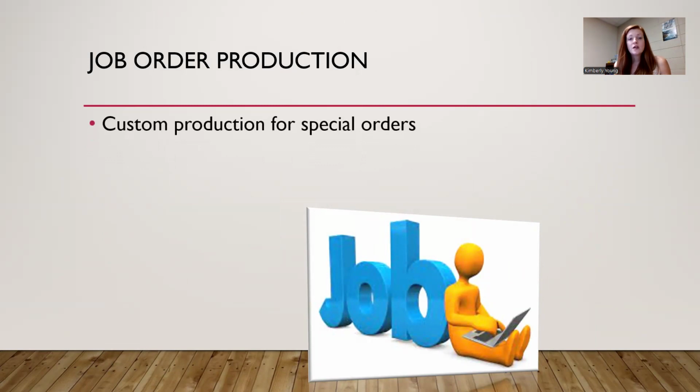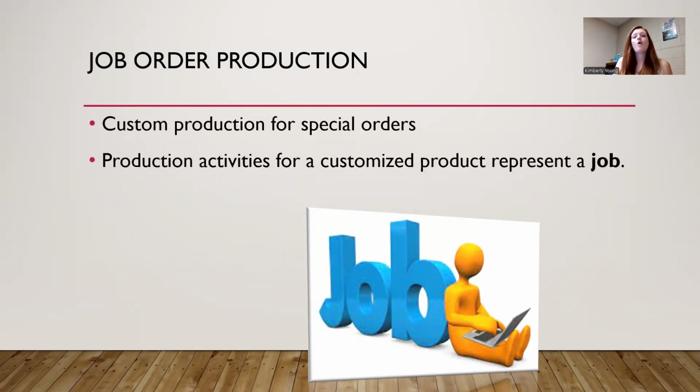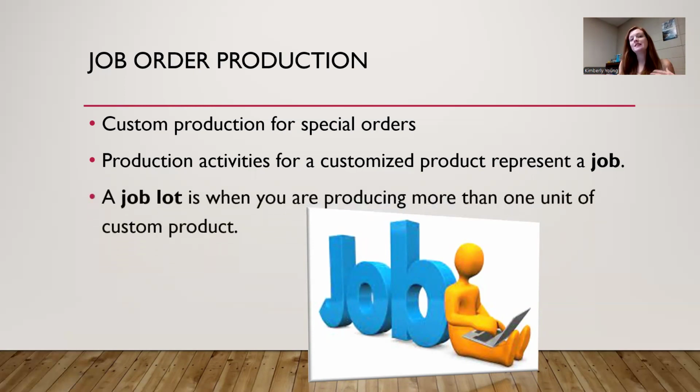So again, this is custom for special orders. All of the activities that go into making that custom order is called a job. So job order costing. If there's going to be several of that custom order, that would be called a job lot.